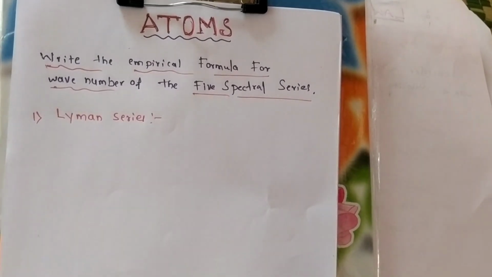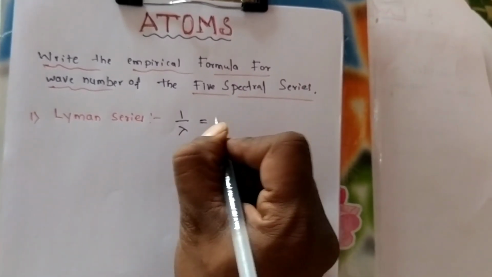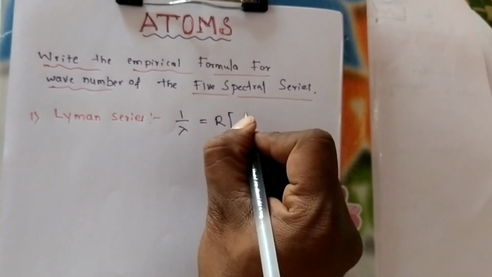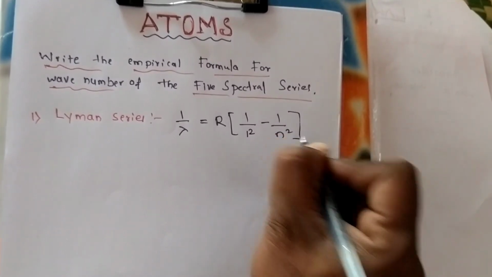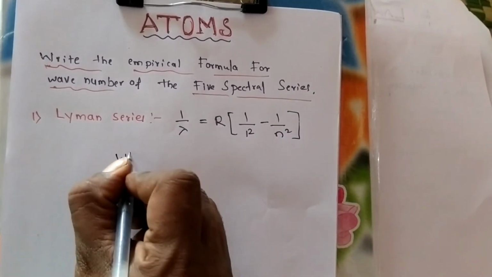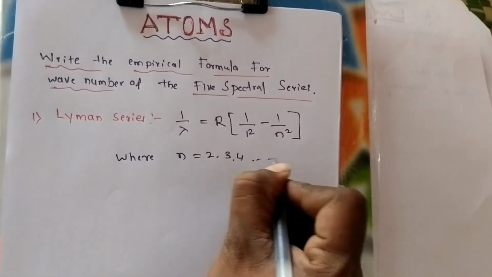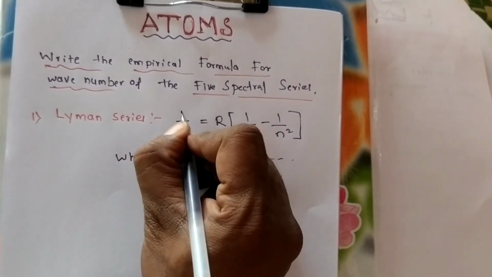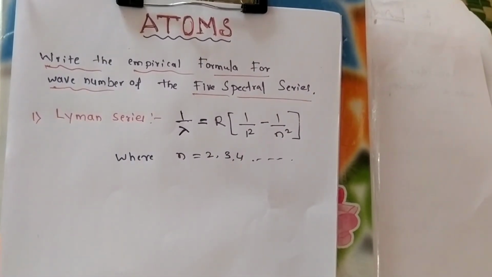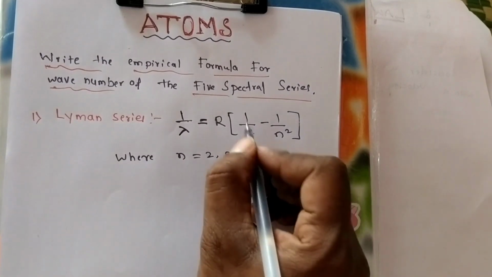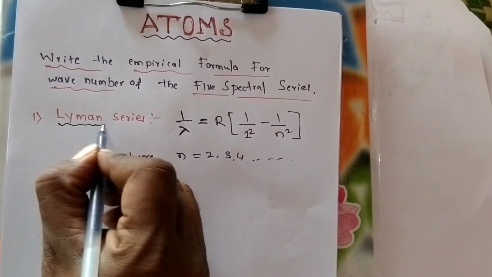Its empirical formula: 1 divided by lambda is equal to R into (1 divided by 1 square minus 1 divided by n square), where n is equal to 2, 3, 4, and so on. Here R we call the Rydberg constant, and 1 divided by 1 square means n1 square, the first series, that is the Lyman series.